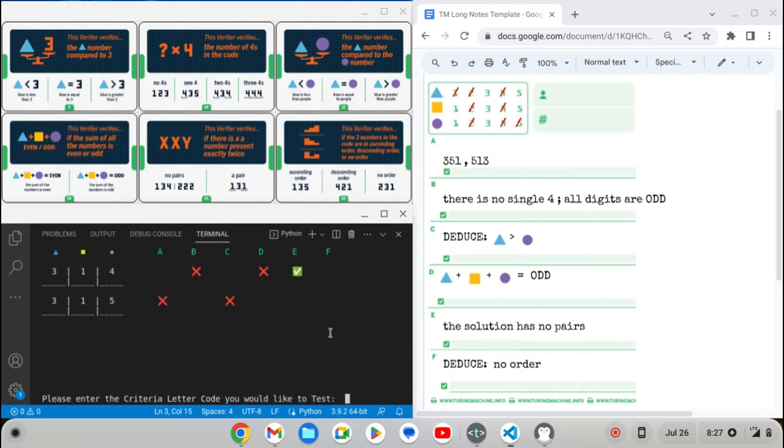Okay, so yes, it's not 3. So here we're going to say that triangle, since we already crossed out the 1, must be greater than 3.